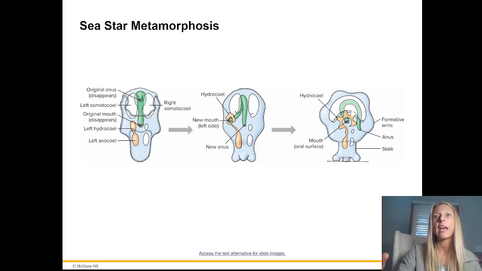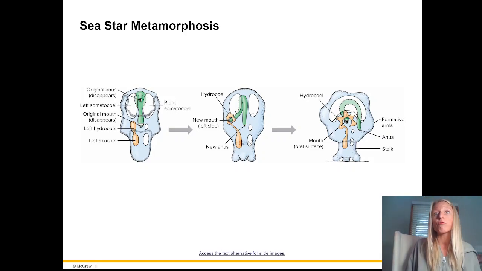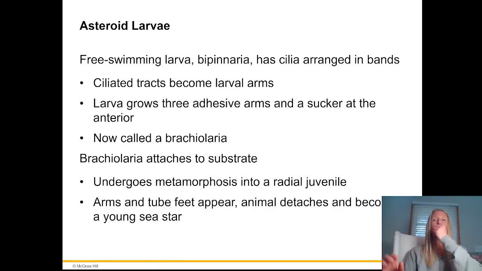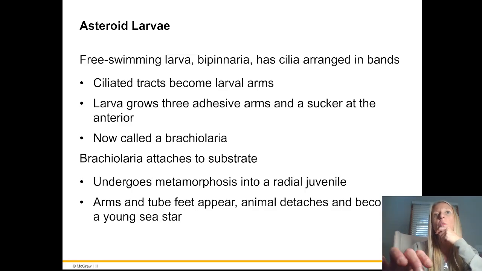So this is a look at sea star metamorphosis, where the original anus actually rotates to be on the opposite side of the body. Interesting. So their larvae have cilia and grow 3 adhesive arms.